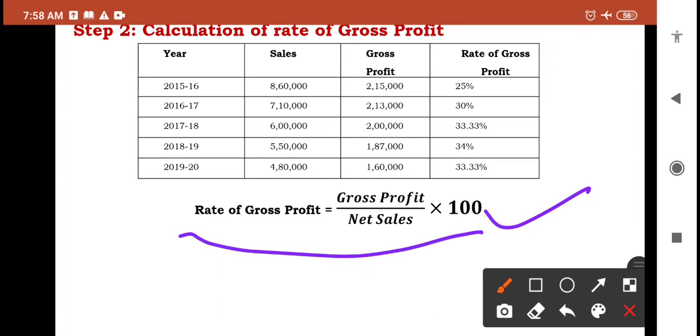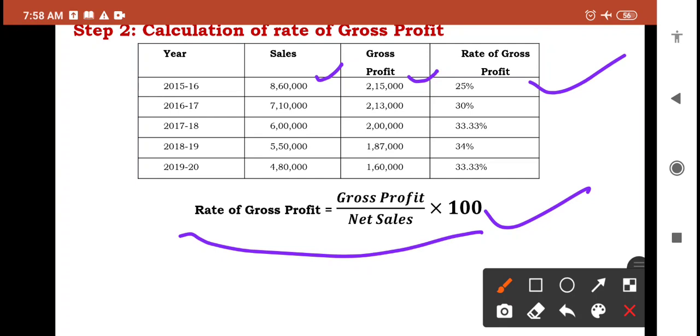In that year, 8,60,000 is the sales and 2,15,000 is the gross profit. Applying the formula, 2,15,000 divided by 8,60,000 into 100, you will get 25% as the rate of gross profit.